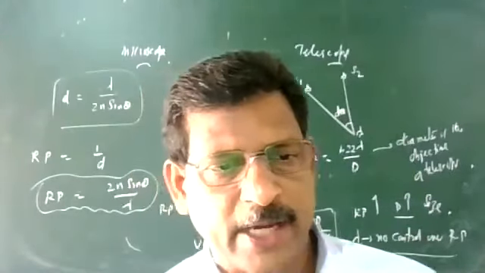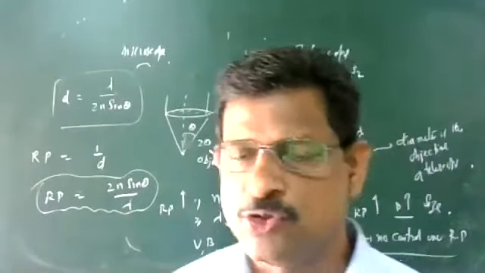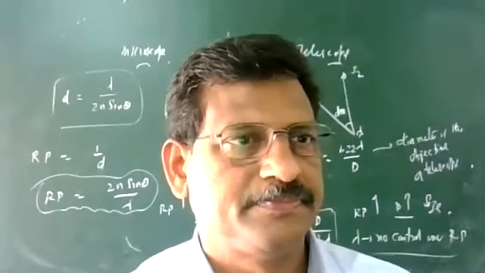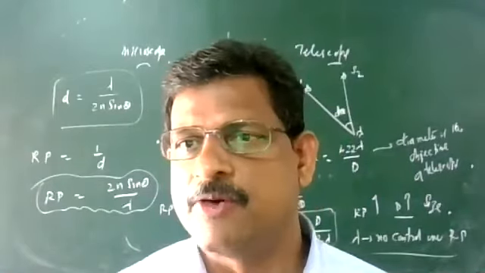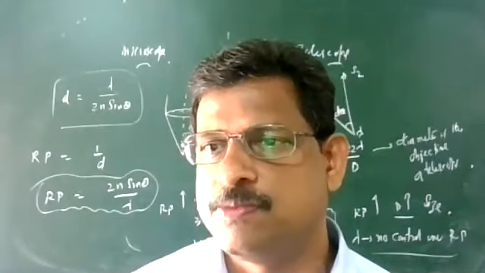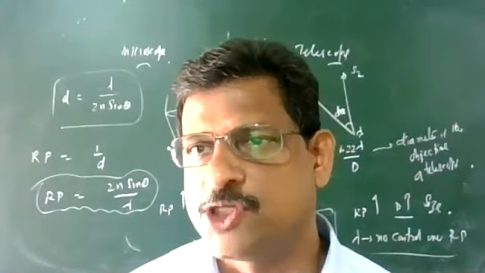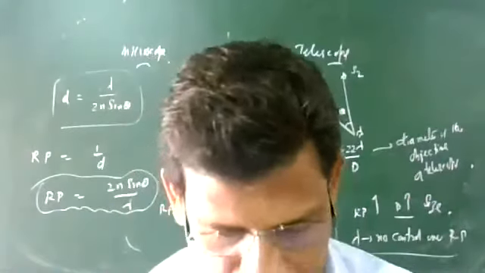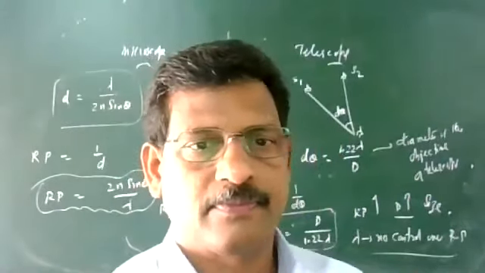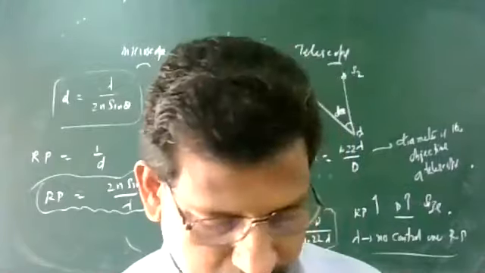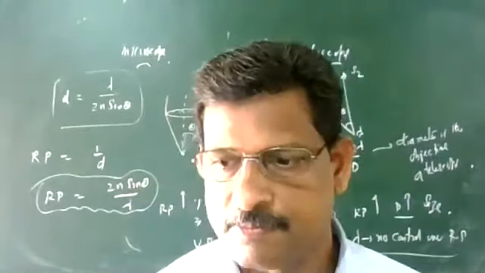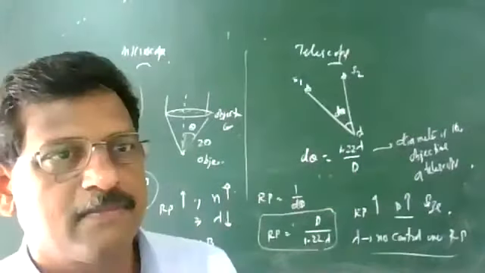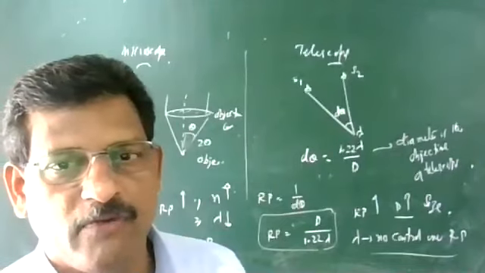How can you increase the resolving power of a microscope? Akshita: two points, by increasing n and by decreasing the value of the wavelength.